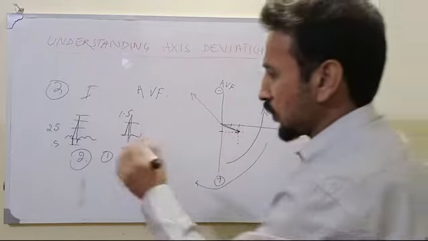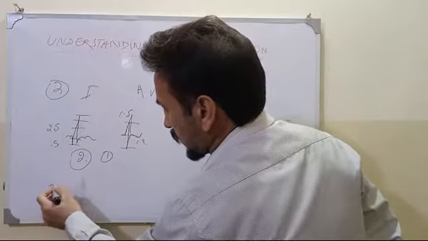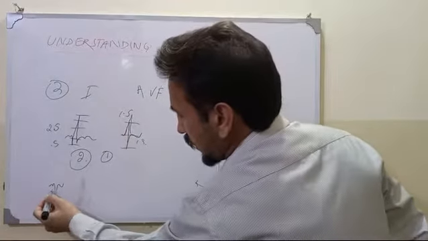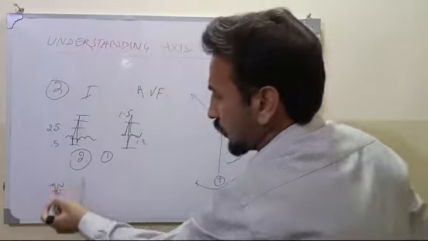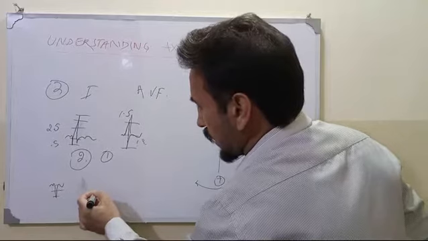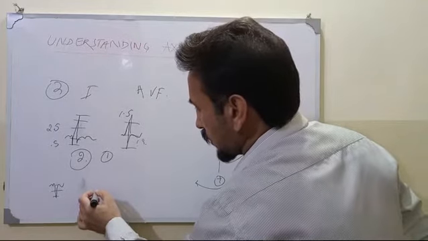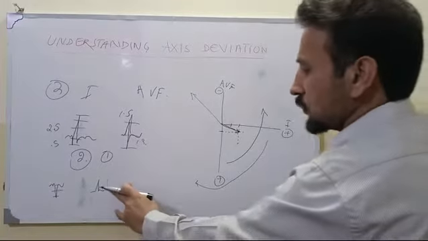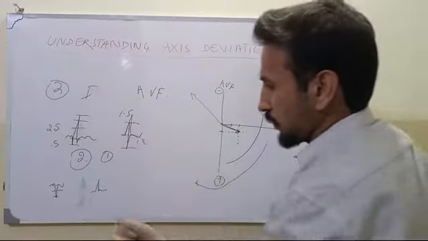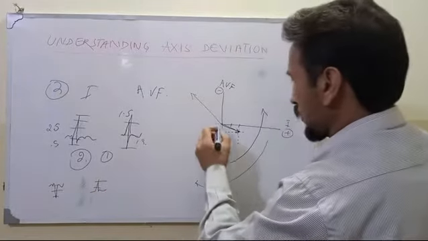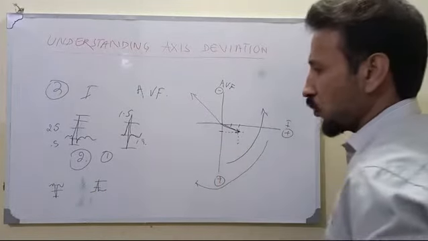Now in another example, suppose lead 1 is downward, 2 big squares, and it is upward in AVF by 1 big square. Now we have to calculate the vector.